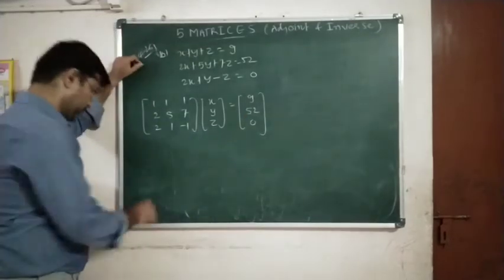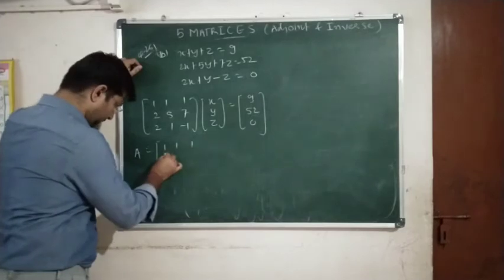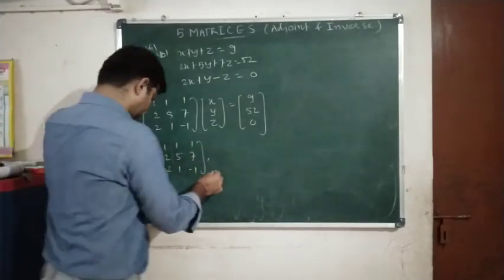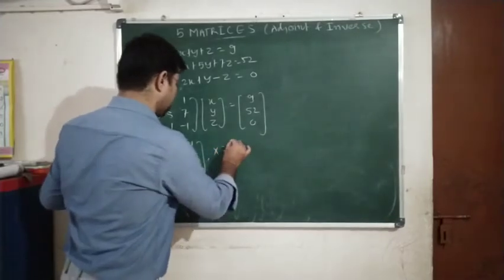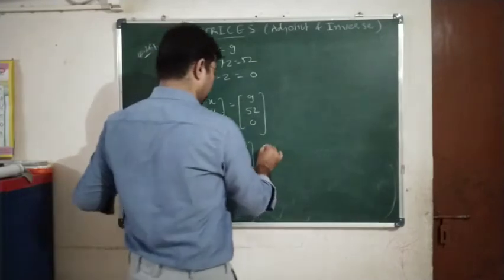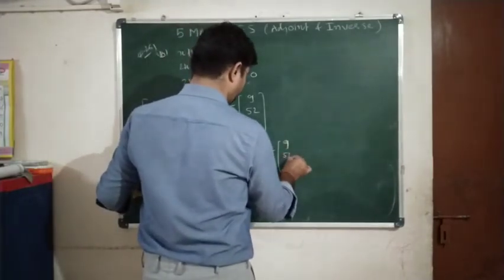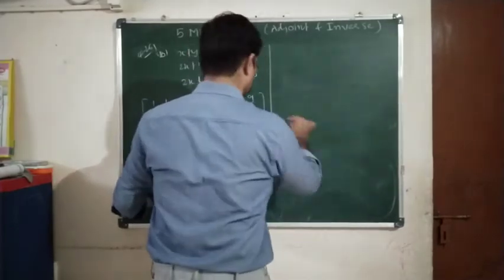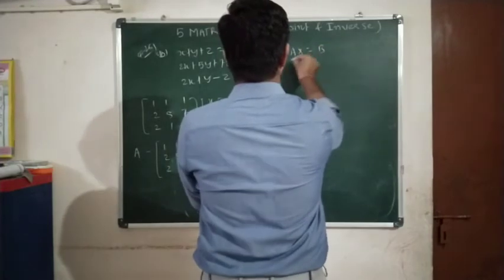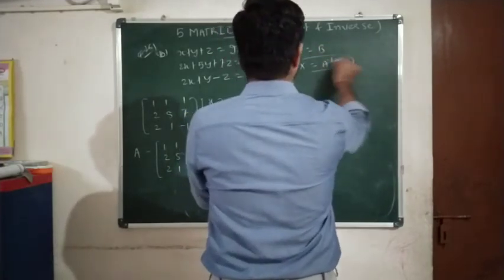Now let A be the first matrix, X be x, y, z and B be 9, 52 and 0. Now AX is equal to B and therefore X is equal to A inverse B.